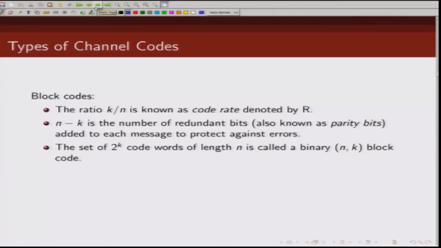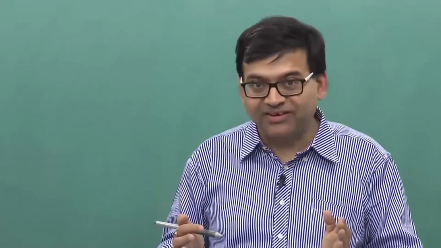Without loss of generality, we will consider binary code words in these lectures. So, our information sequence consists of zeros and ones, and similarly our code sequence also consists of zeros and ones. Since we are considering a block of k bits and binary code words, the number of code words is 2 raised to power k.